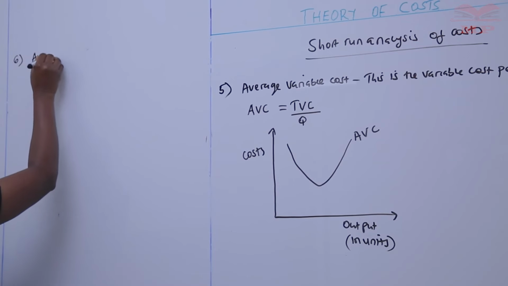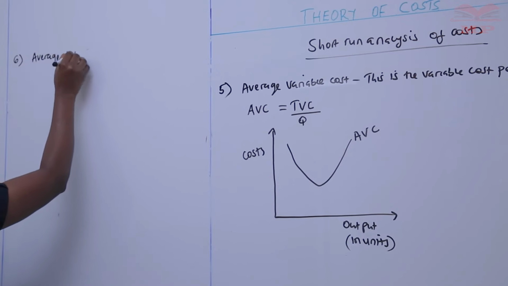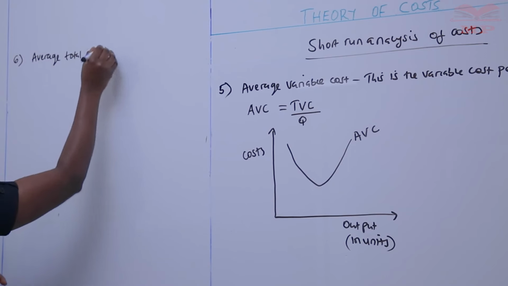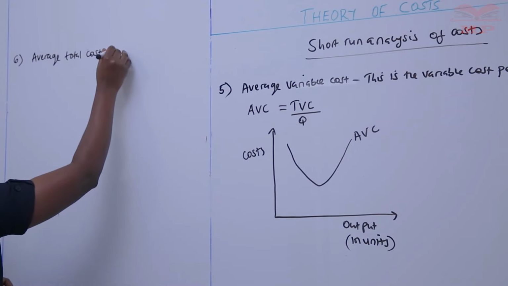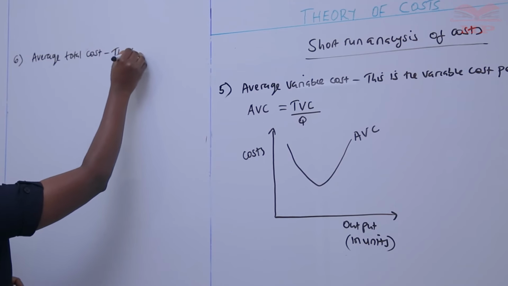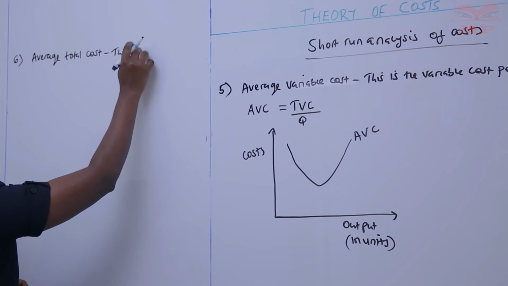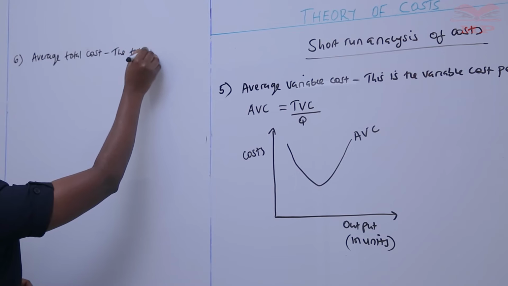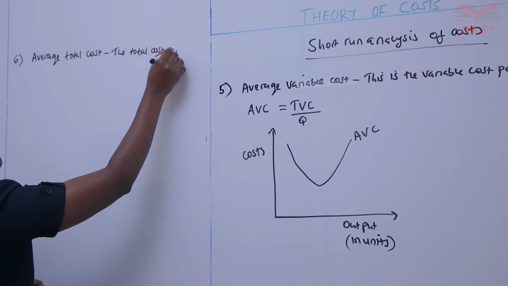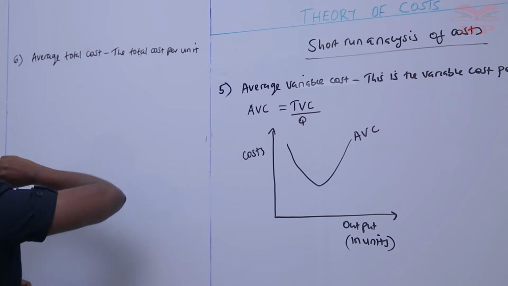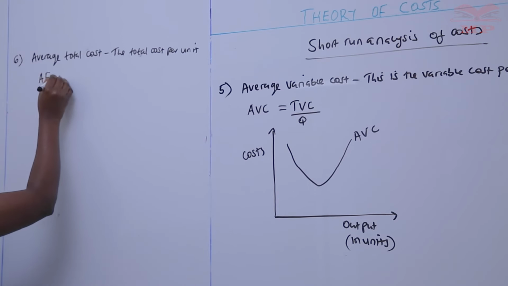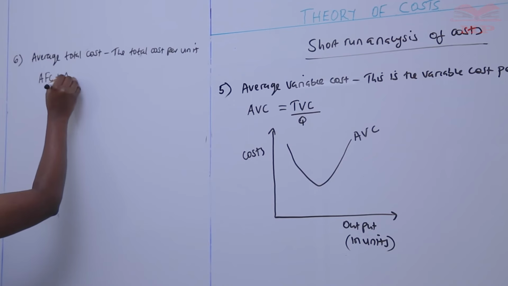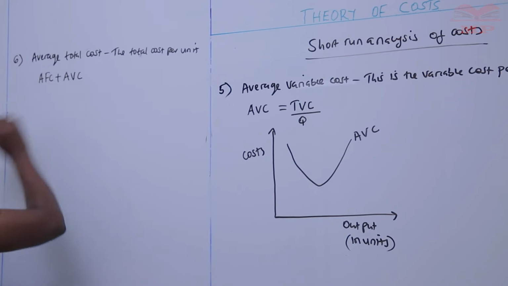Average total cost is simply the total cost per unit, or average fixed cost plus average variable cost.